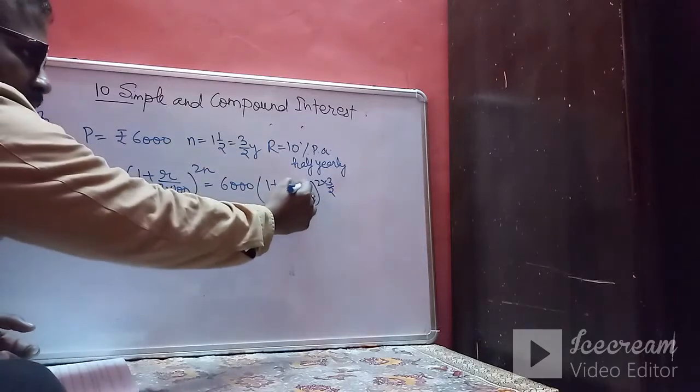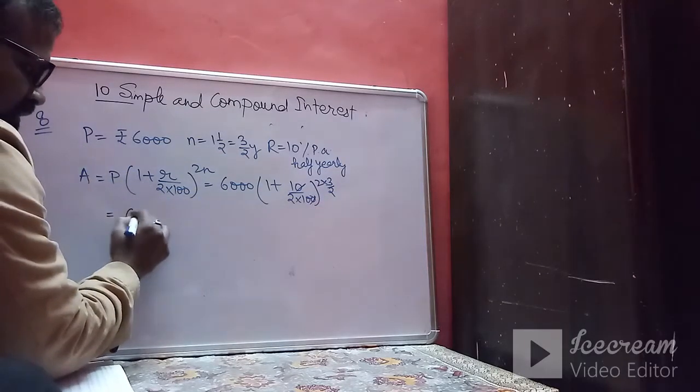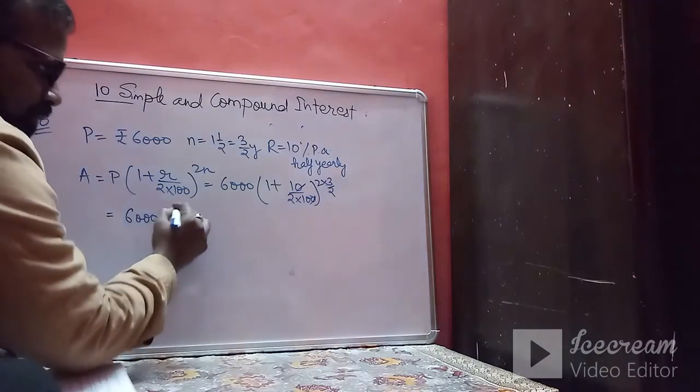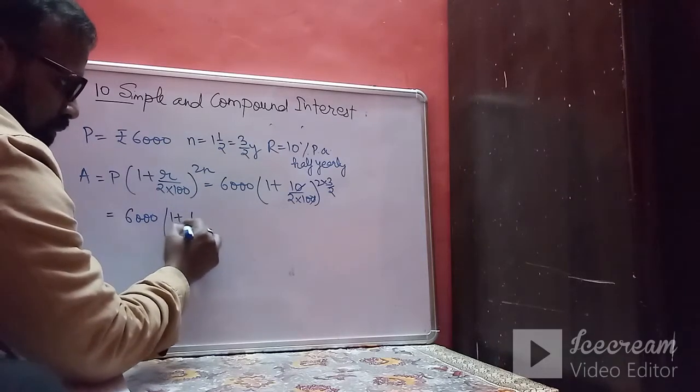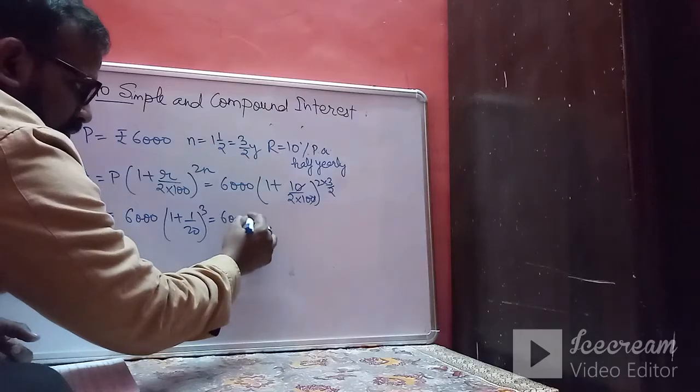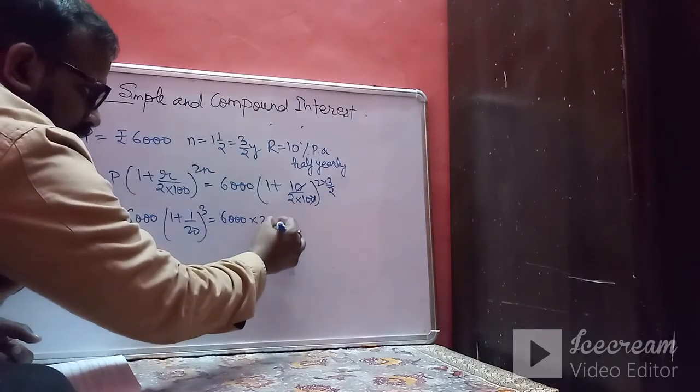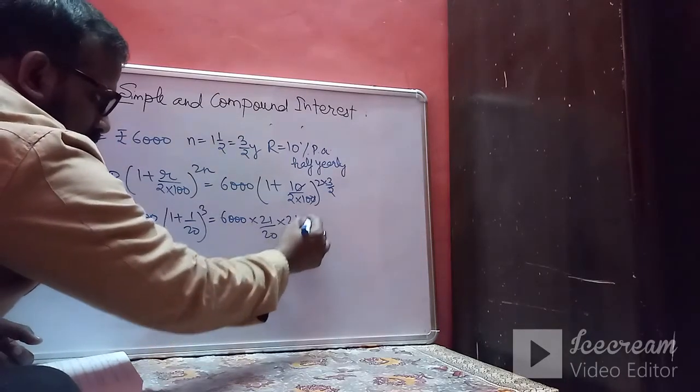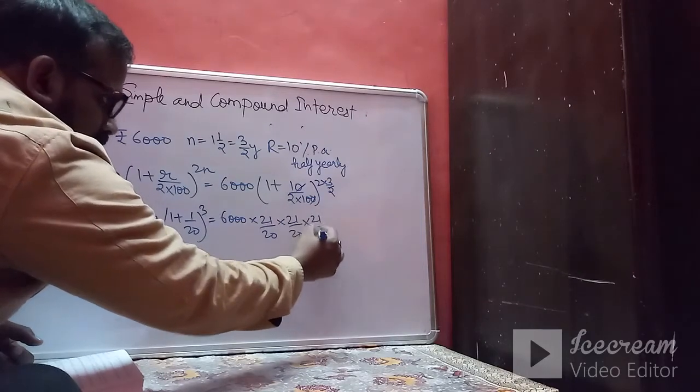So this zero will cancel. You will get 6,000 into 1 plus 1 upon 20 to the power 3, 21 upon 20, 21 upon 20 into 21 upon 20.